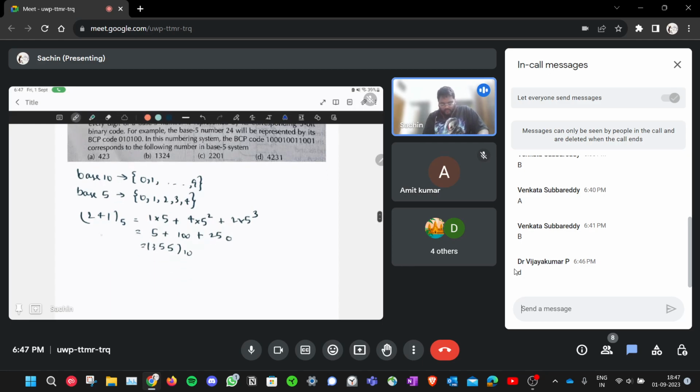And this number would be represented with each of the digits by a 3-bit binary number. So this would be 010, 100, and 001. So that's how the base 5 number system works.